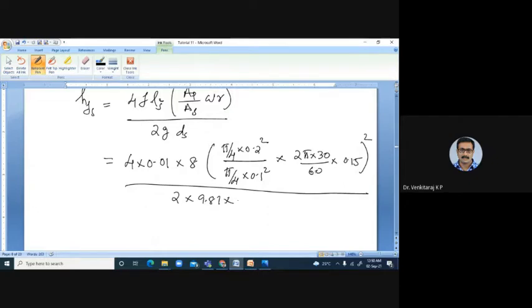Diameter is suction pipe diameter 0.1 meter.